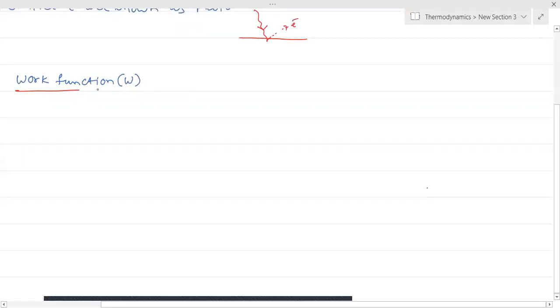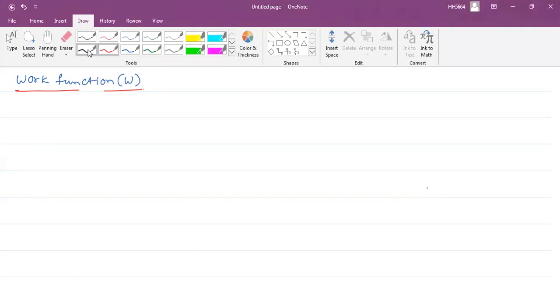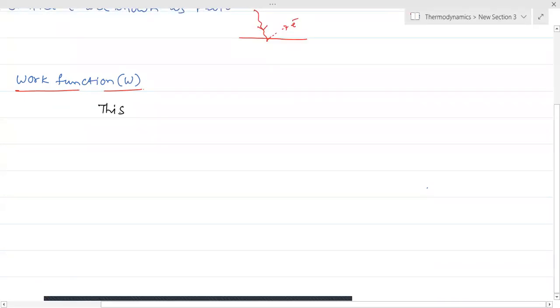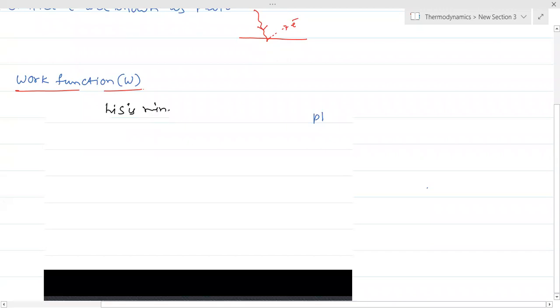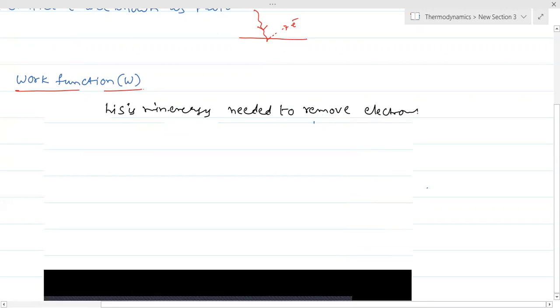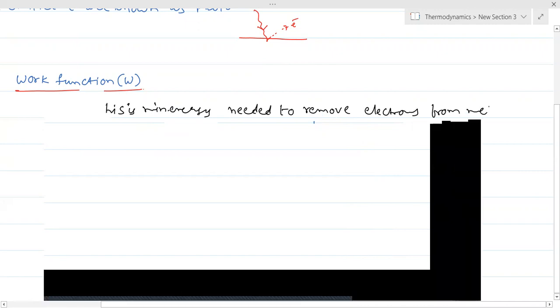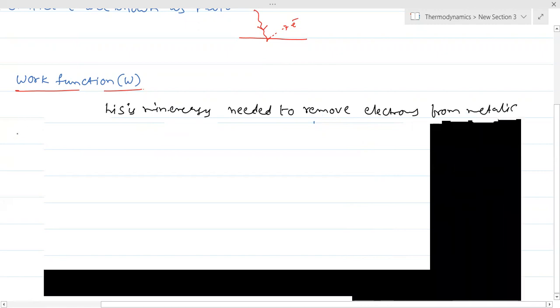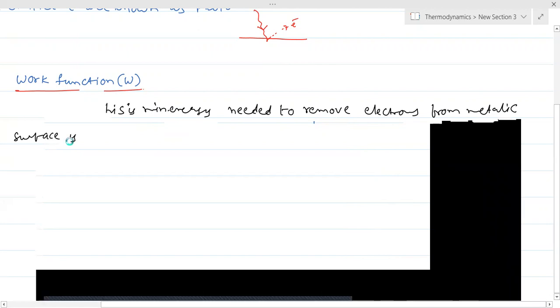Whatever the case, work function is the minimum energy needed to remove electrons from a metallic surface. So this is the minimum energy needed to start the photoelectric effect.